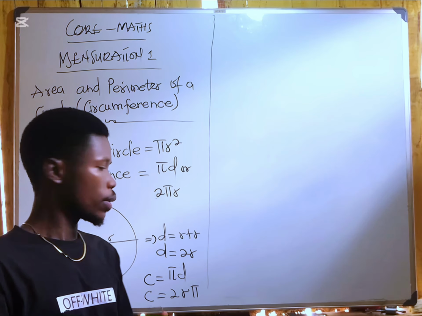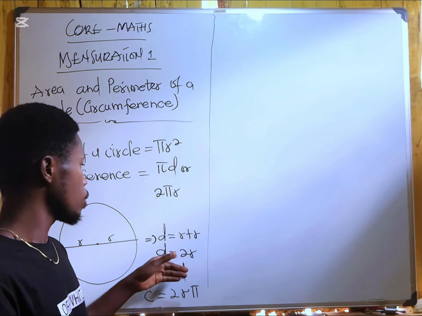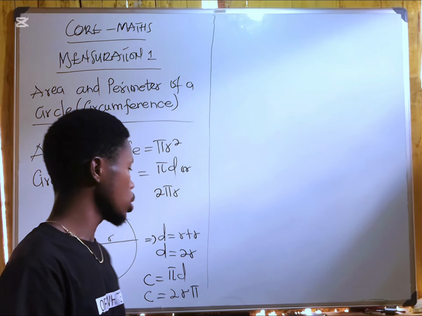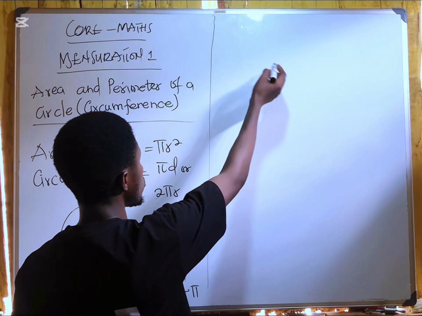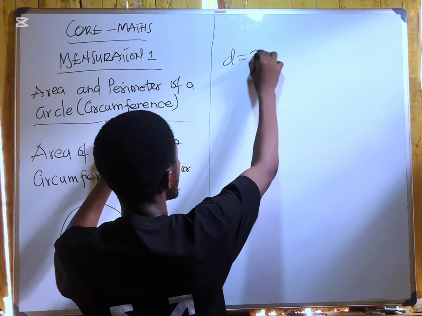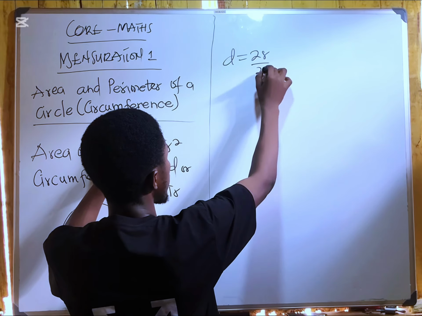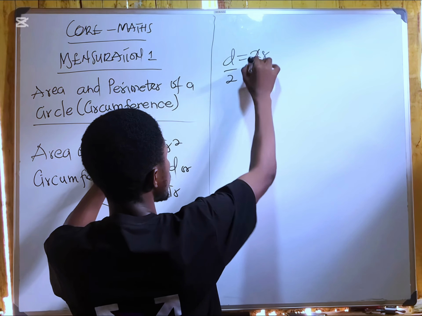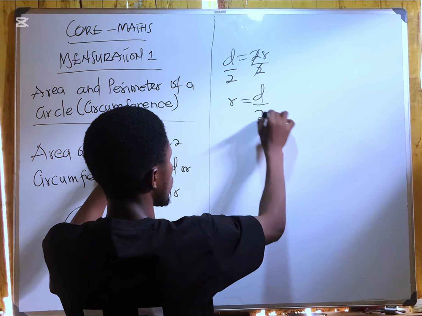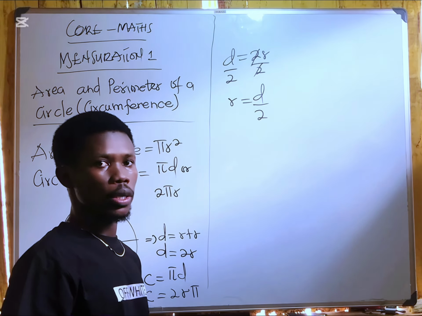But if the question is in diameter and you want to convert it to radius, we can use the relation diameter equals 2r. If I divide both sides by 2, my radius can also be given as diameter over 2. Is that okay?